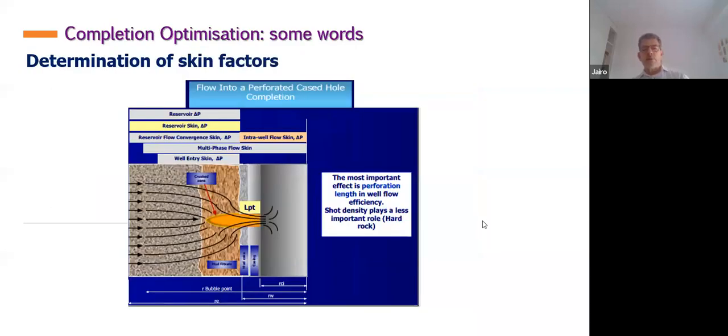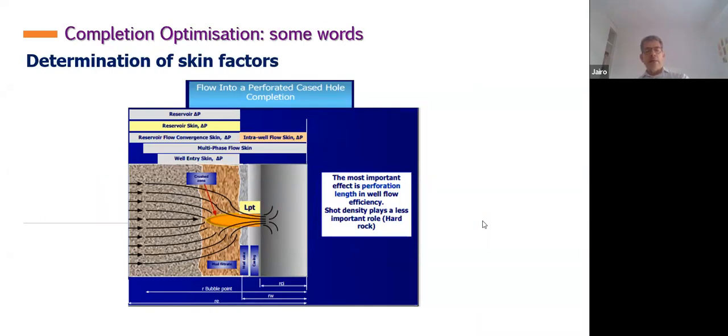In the determination of the skin factor, the most important effect on well flow efficiency is perforation length. Shot density plays a less important role for hard rock. Right here, the brown area is damage or invasion.